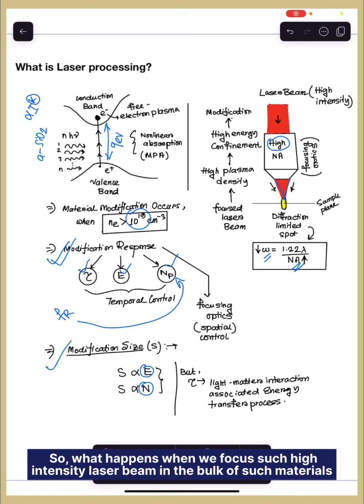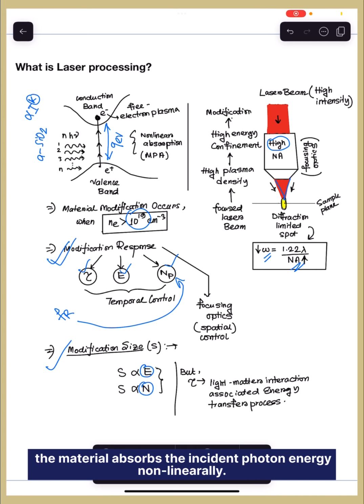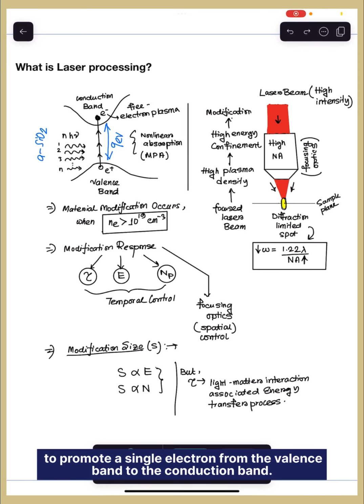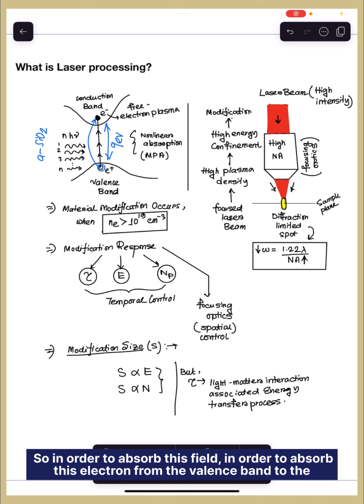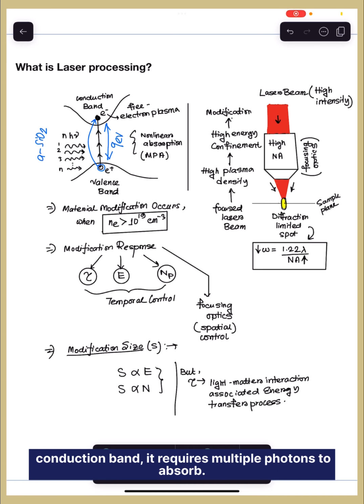So what happens when we focus such a high intensity laser beam in the bulk of such materials? The material absorbs the incident photon energy non-linearly to promote a single electron from the valence band to the conduction band. In order to promote this electron from the valence band to the conduction band, it requires multiple photons to be absorbed.